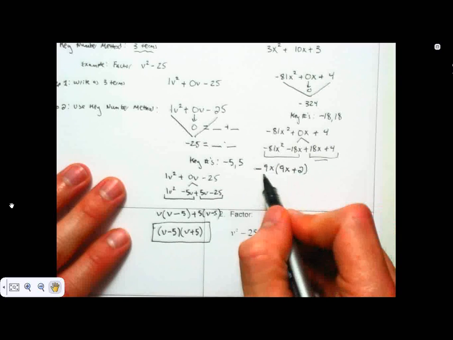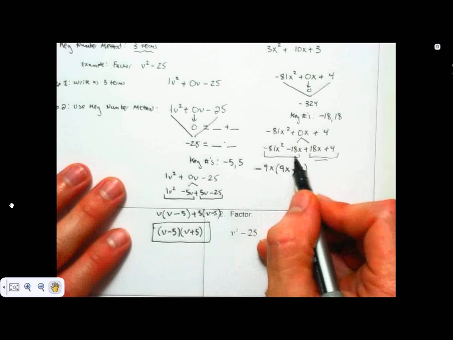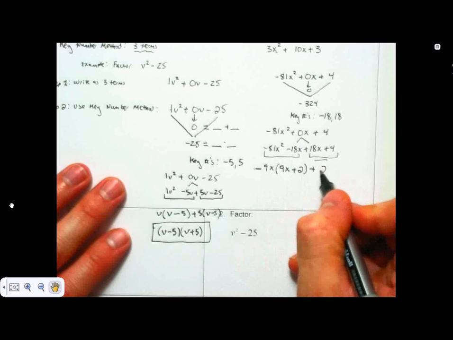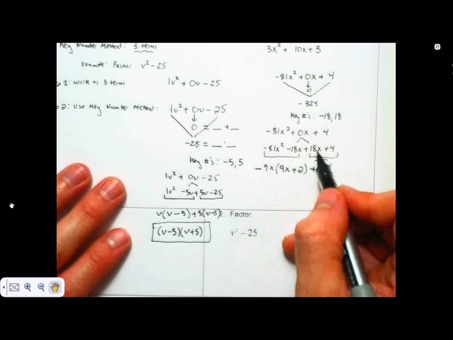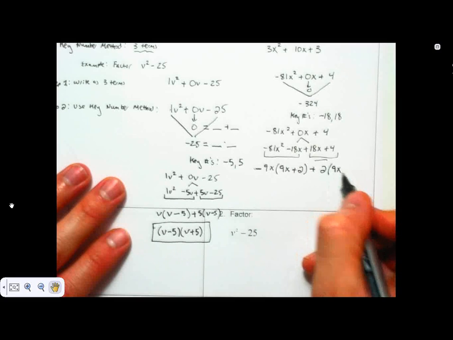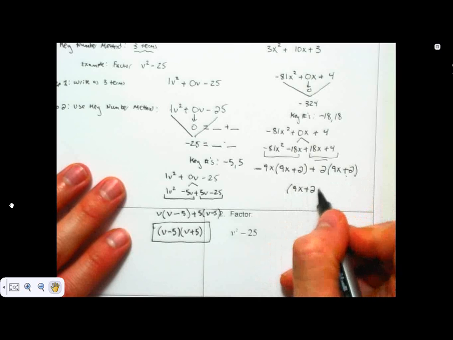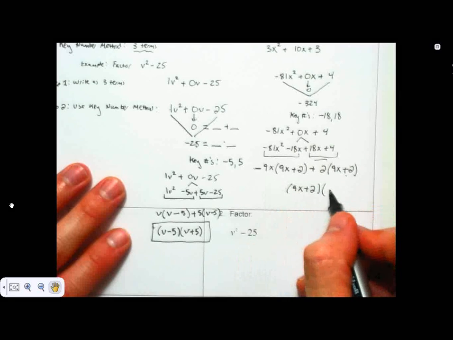Again, it's plus 2 because negative 9x times positive 2 is negative 18x. And the second group I can factor 2 out, and that leaves me with 9x plus 2. And now notice I've got 9x plus 2 group in common. So that's going to make up my first factor, and my second factor is negative 9x plus 2.